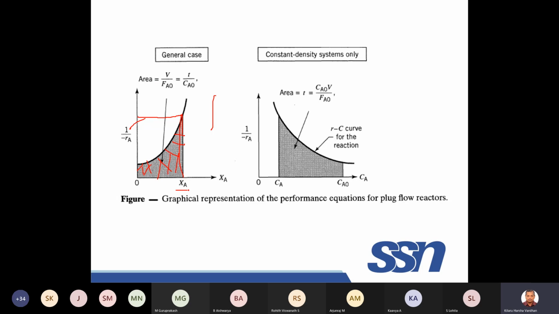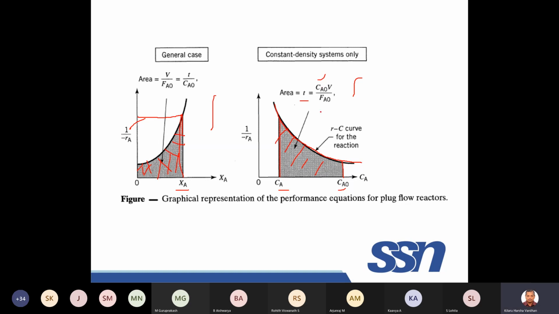Either you can write for XA or you can write for CA. This is the CA naught, the initial concentration. This rate curve comes from your experiment. Whatever CA you want, you put a line. Again there is an integral, so the area under the curve will give you the time, tau, or volume.